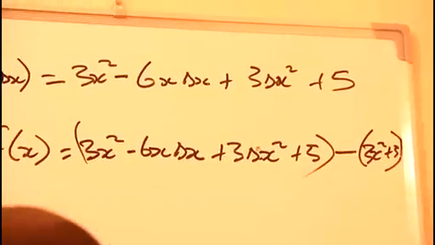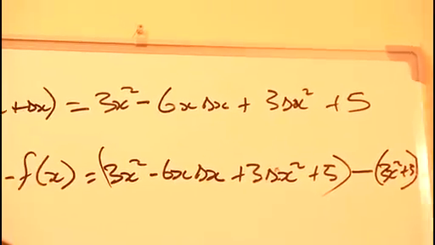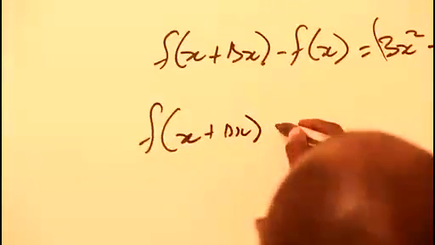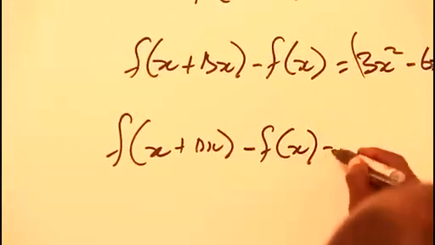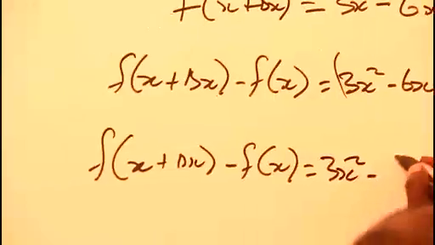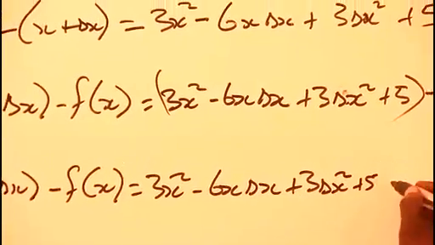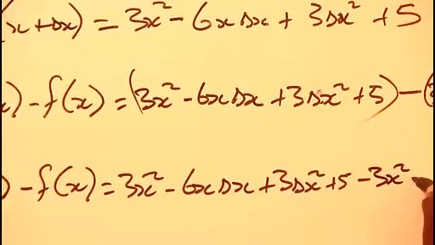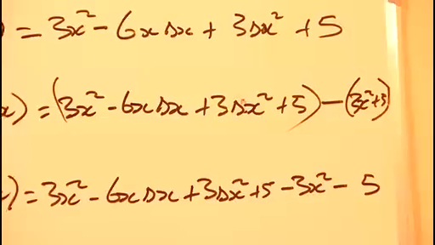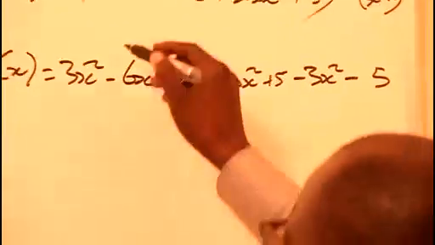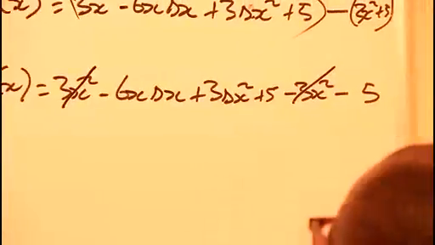So if we expand this bracket, we now have f of x plus change in x minus f of x will be equal to 3x squared plus 6x change in x plus 3 change in x all squared plus 5, then minus 3x squared minus 5. Expanding this bracket, you will notice that this will clear this.